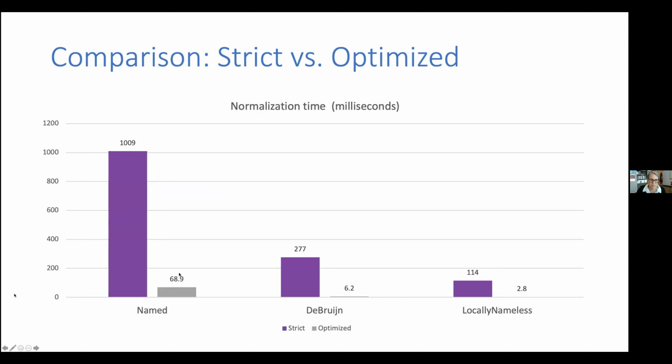So these optimizations on this particular benchmark really did have a large effect. We're all the way down to 2.8 milliseconds, or 6.2 milliseconds. And remember, for de Bruijn indices, we started with 2 seconds. So we've made tremendous progress here.